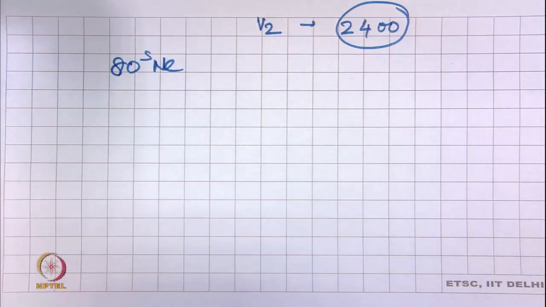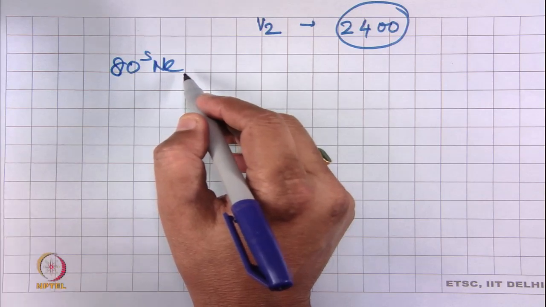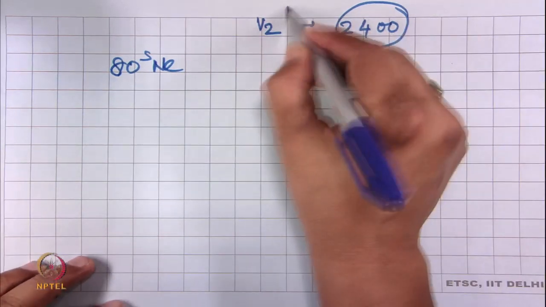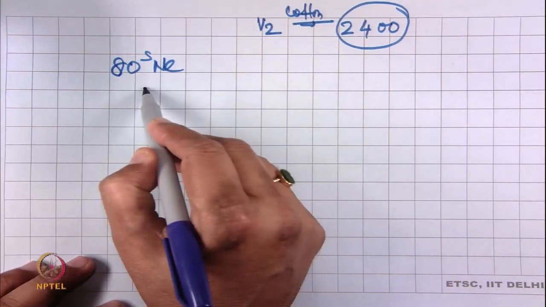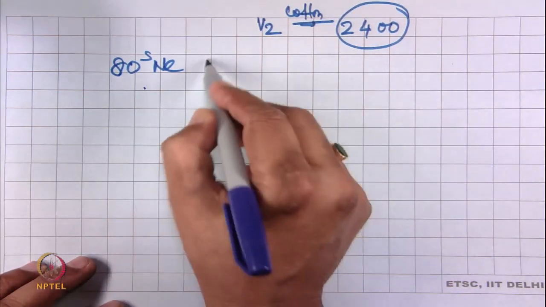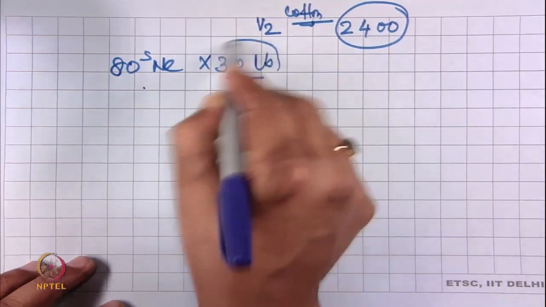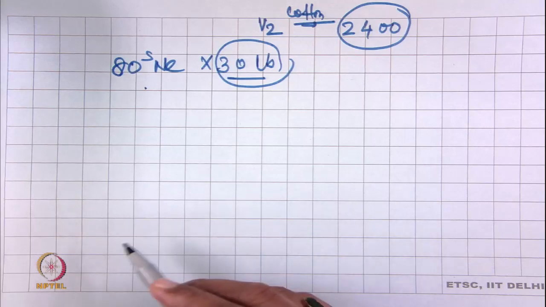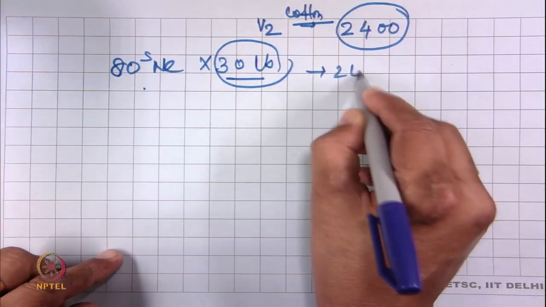This variety of cotton is meant for 80s count. If we produce it, we will see it will require approximately 30 pound least strength, and we can get 2400.